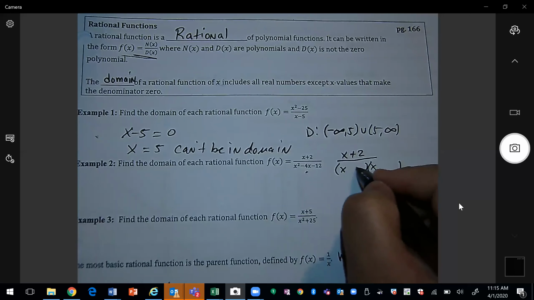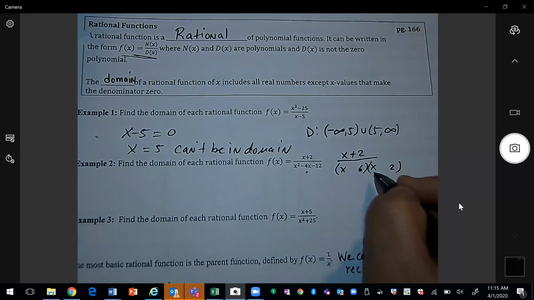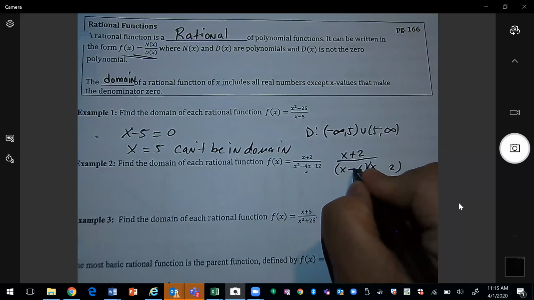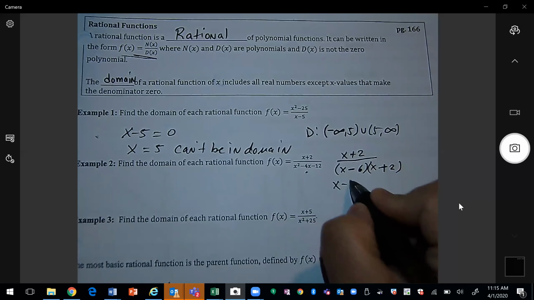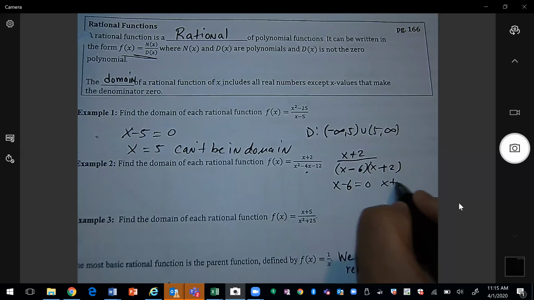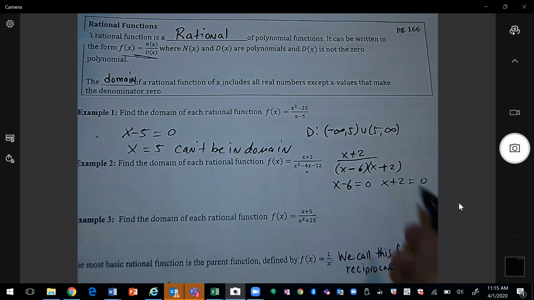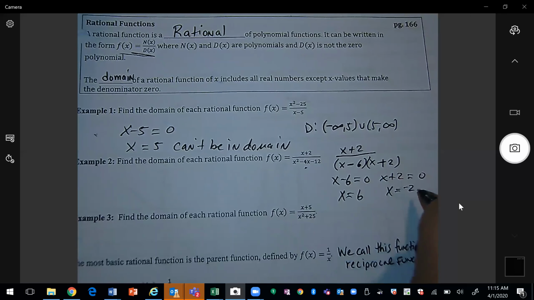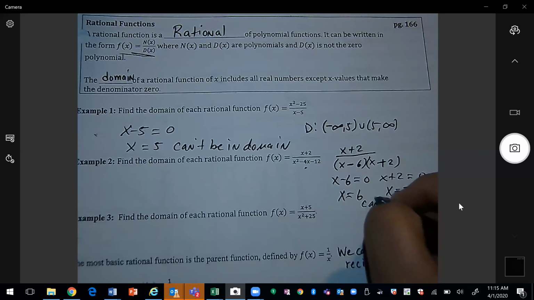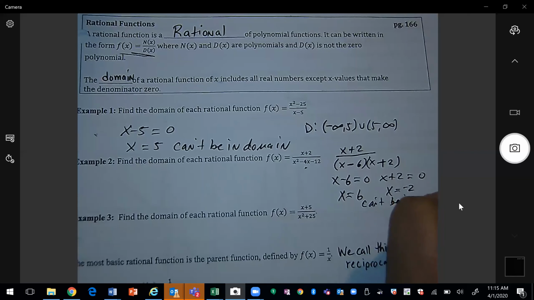So this is going to be 6 times 2 is 12. And I need the 4 to be negative, so this would be a positive here. So if I set each of these equal to 0, then I'm going to have that x cannot be 6 and x cannot be negative 2. So these guys can't be in the domain.